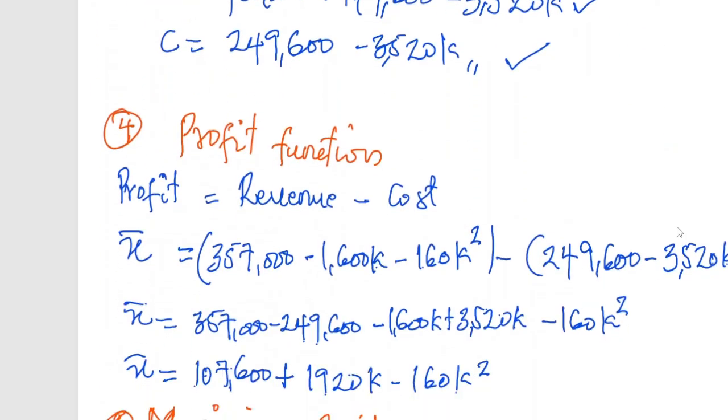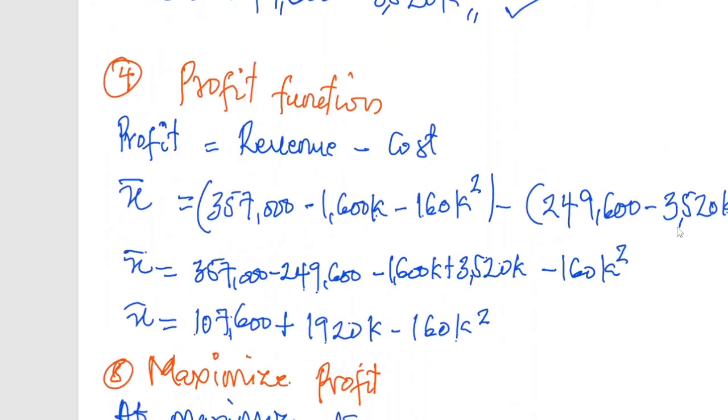After getting your cost function, the next thing is to calculate our profit function. It is the profit function that will help us get our rent charge and the number of rooms that should be made available. Profit is equal to revenue minus cost. We know our revenue to be 357,000 minus 1,600k minus 160k squared, and our cost to be 249,600 minus 3,520k.